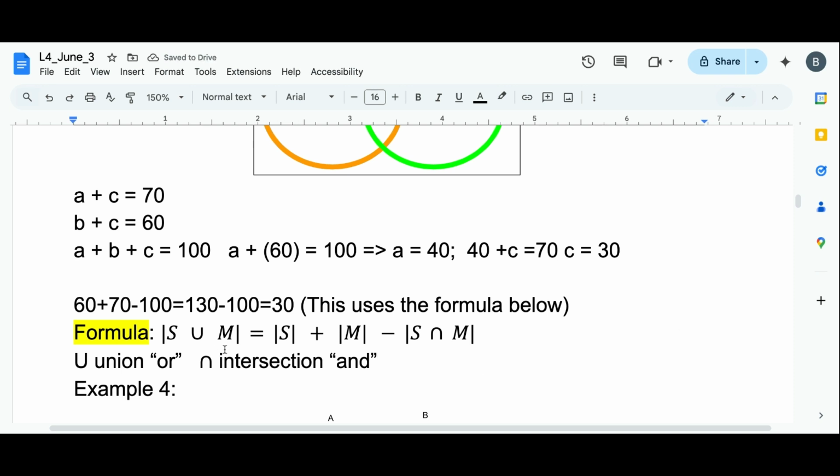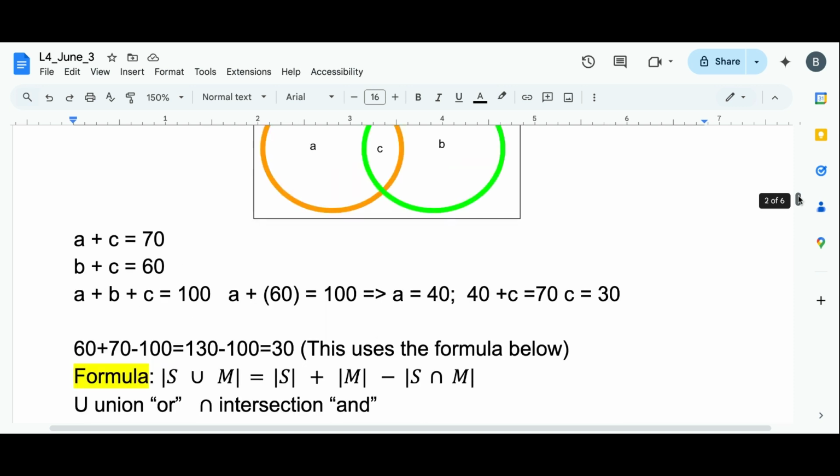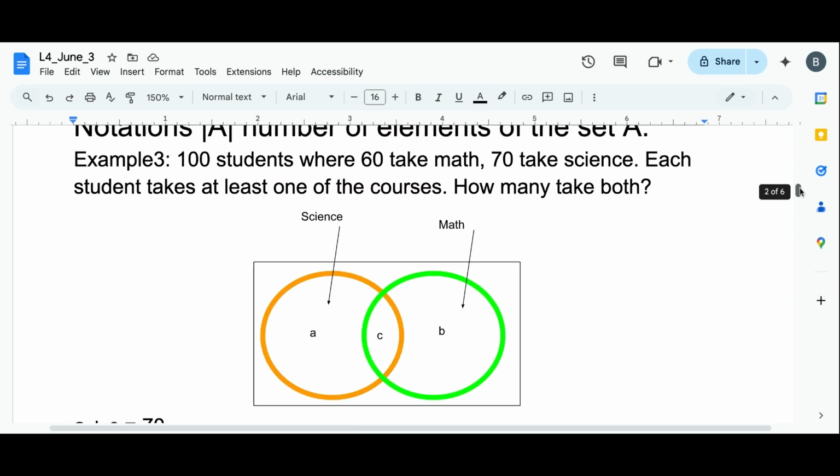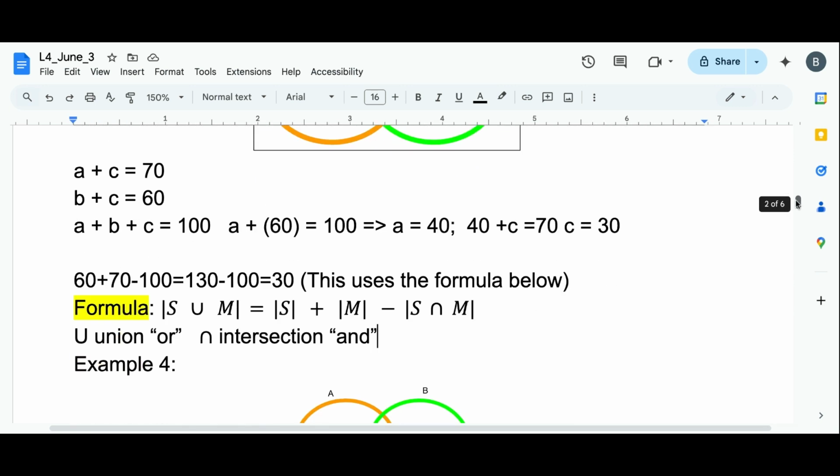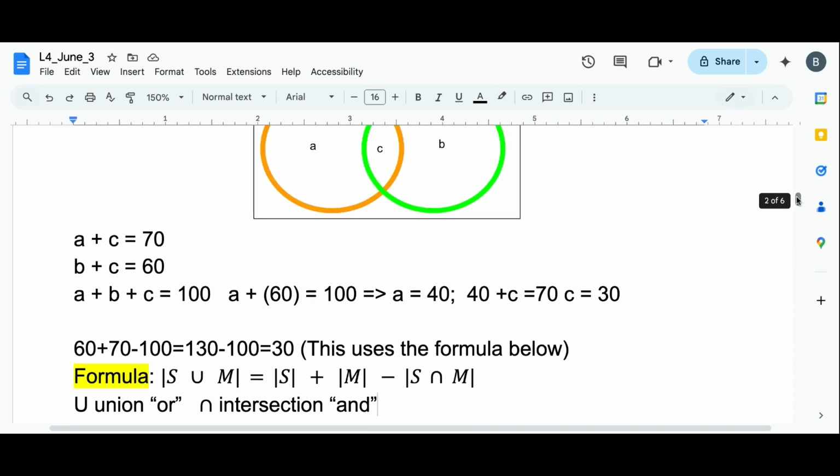So the size of science or math, and when we say or here, we mean and/or, so at least one. The size of that set is the size of S, number of students taking science, plus the size of M taking math, minus the overlap.